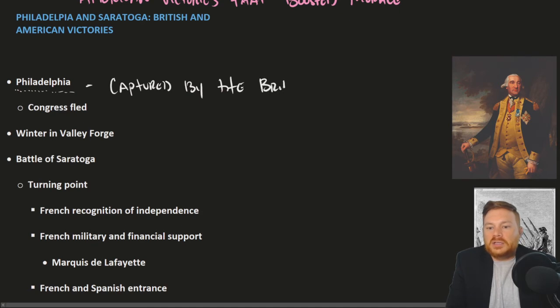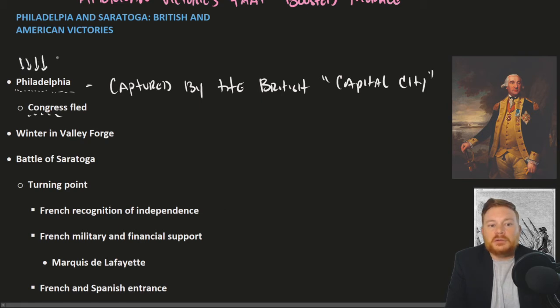Even though the United States did not have an official capital city at the time, this was where the Congress met, right? And so the Second Continental Congress was forced to flee from Philadelphia. Never a good sign. And meanwhile, while the British occupied Philadelphia, they were throwing lavish balls and celebrating, having a good time. George Washington and his men were enduring a very harsh winter in Valley Forge.